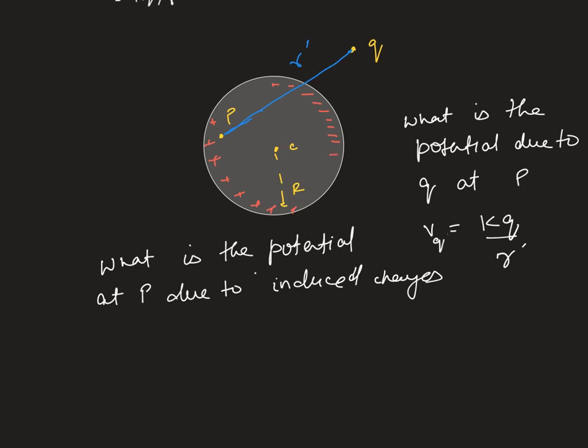But now here is the problem, there is no symmetry. The point P is here, and it is closer to some charges, farther away from some charges, and more farther off from the negative charges obviously. So it will become very difficult to find out potential at P directly.